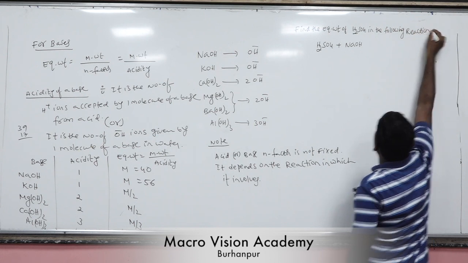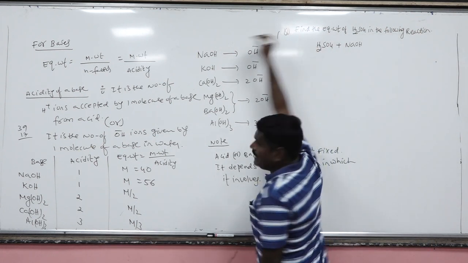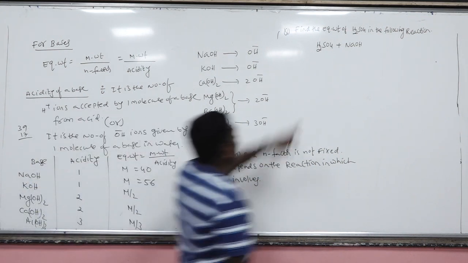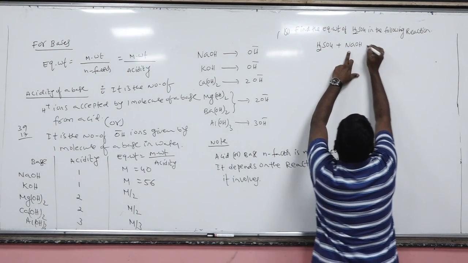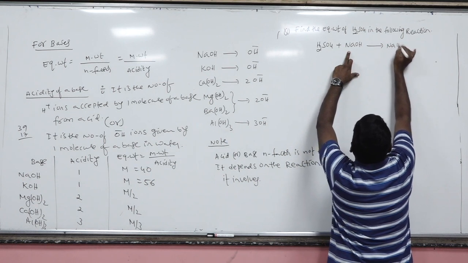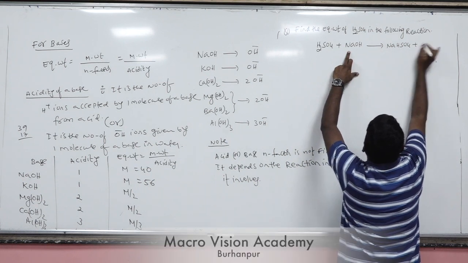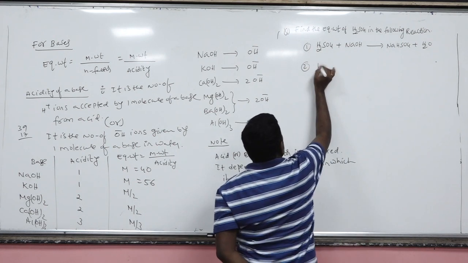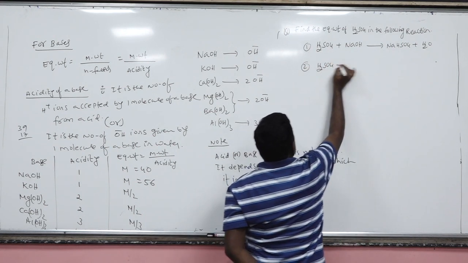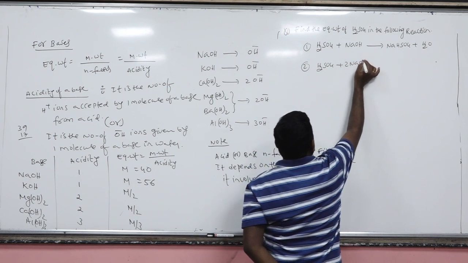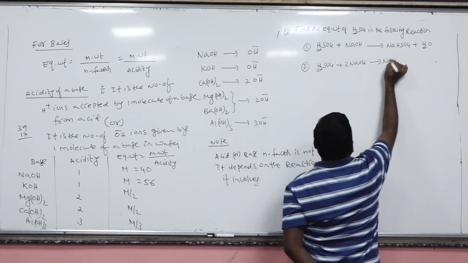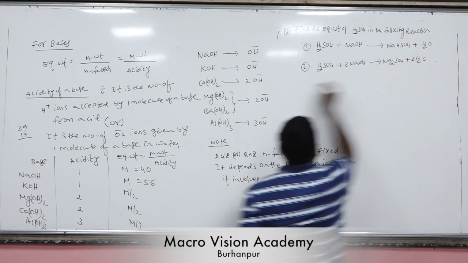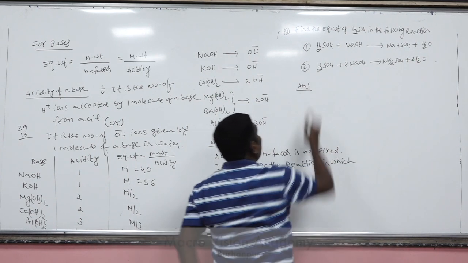First reaction given to you, H2SO4 plus NaOH gives rise to NaHSO4 plus H2O. Question number 2, H2SO4 plus NaOH gives Na2SO4 plus H2O. Are you getting my point?